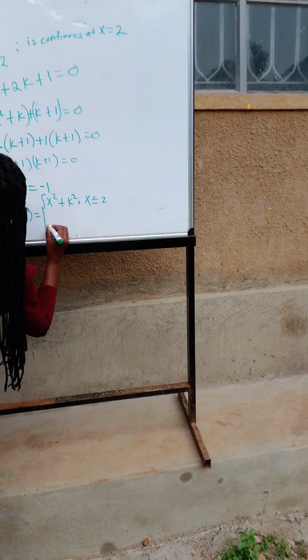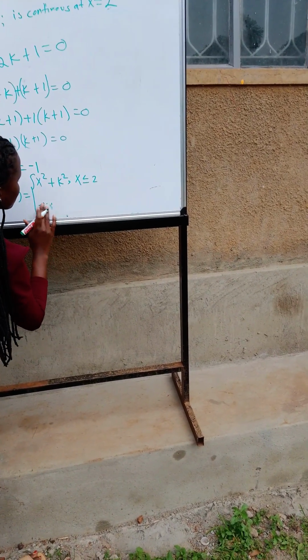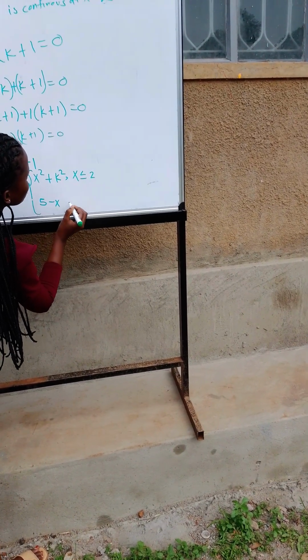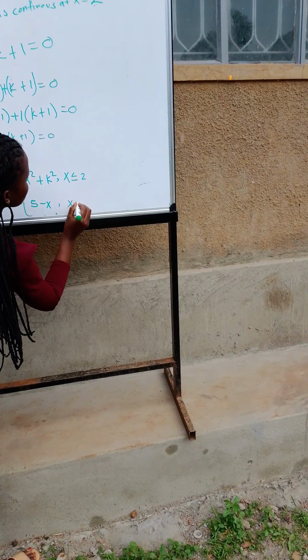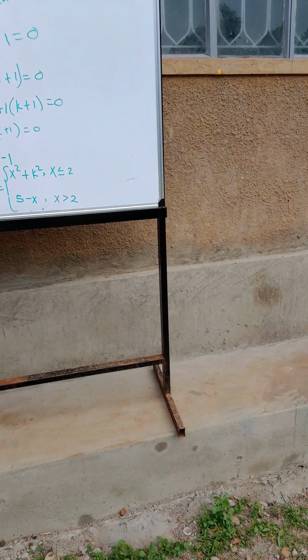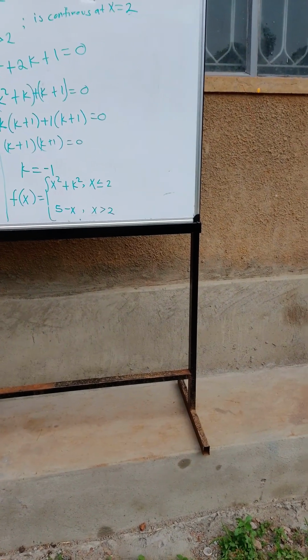This one becomes negative x, so we can write this as 5 minus x, for x greater than 2. I think you are now content with the continuity of limits of functions.